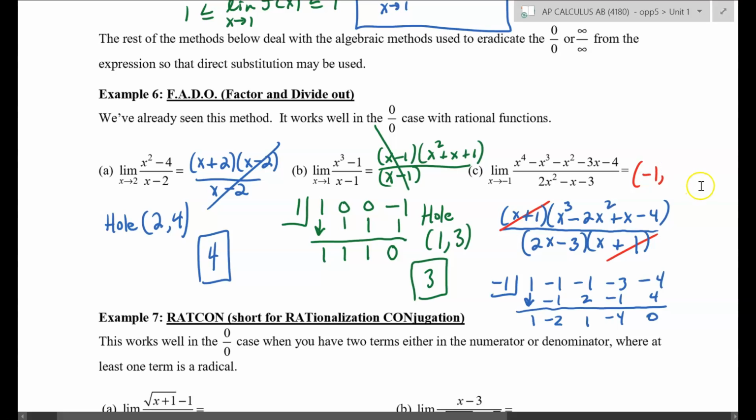So now the question is, where am I? Because there's a hole. Well, how do I get the y value? I take -1 and I plug it into everything else. -1 cubed. -1. -1 squared.